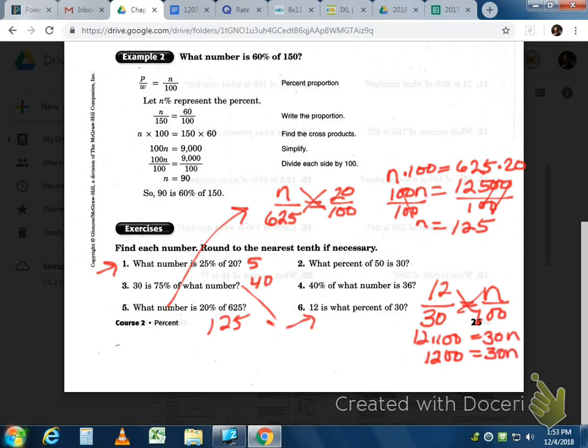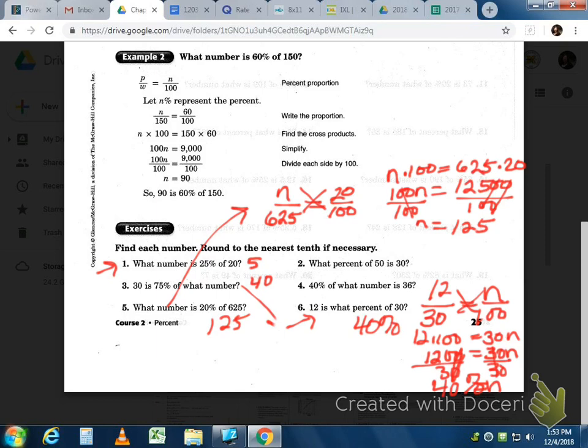Last step, as always, divide by 30. Well, I got rid of those zeros. 120 divided by 3. What would that be? 40. Is this 40% or just 40? This time it is 40%.